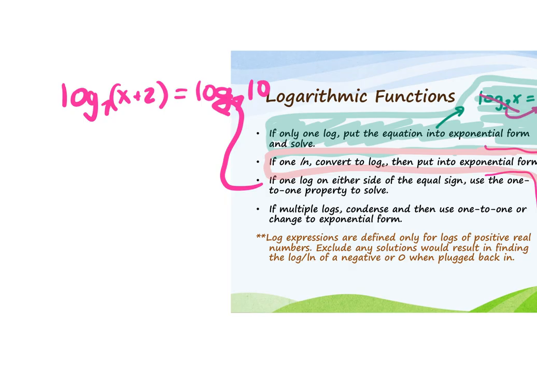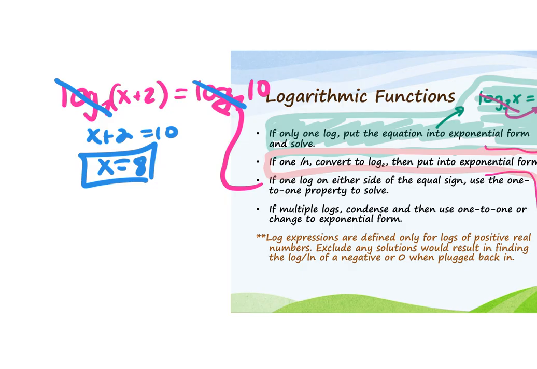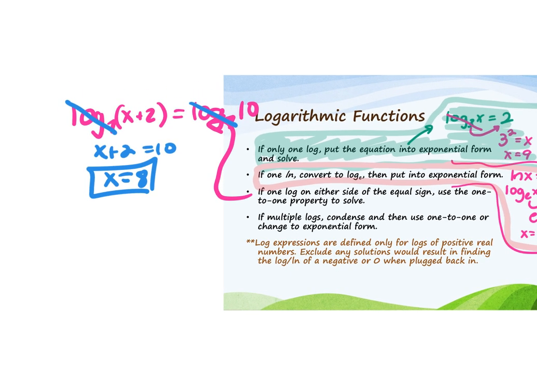Then I ignore the log and set what's next to it equal to each other, just like I would do with the exponents. This is also true with an ln, because ln is a log.